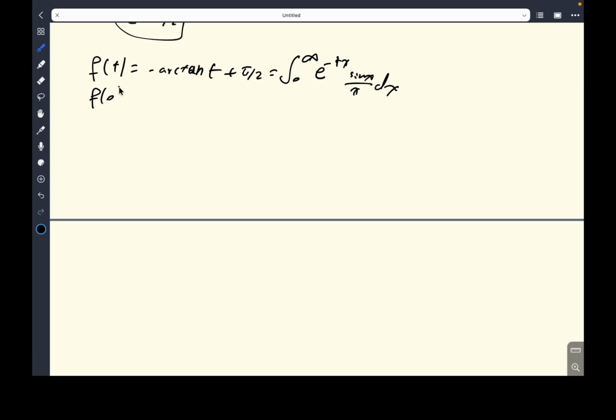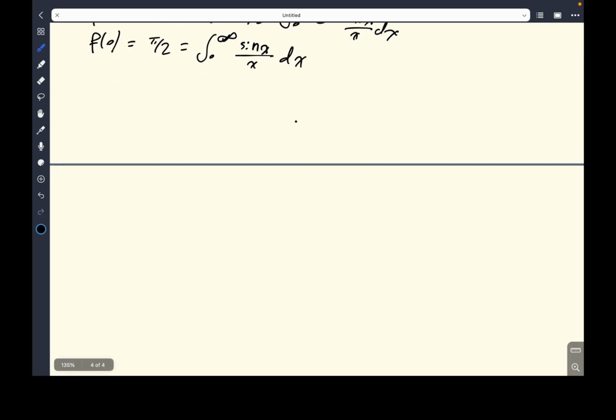And if I plug in 0 for t, arctan of 0 is 0, so it's pi over 2, which is going to be equal to the integral from 0 to infinity. e to the power of 0 is 1, I got mixed it up, which is going to yield sine x over x dx.